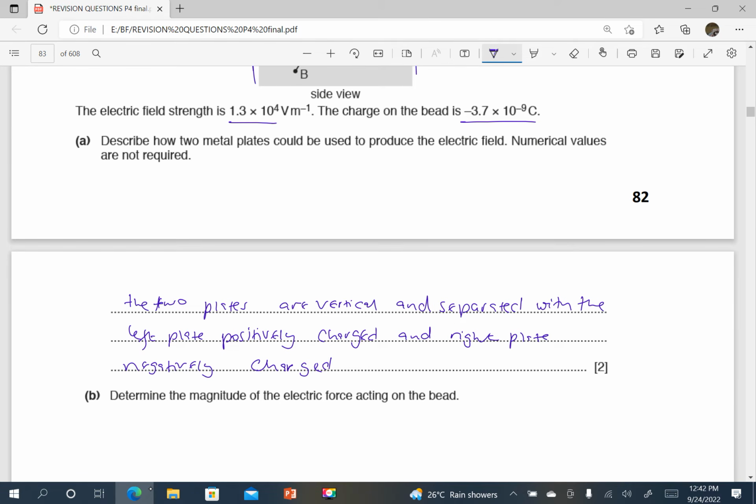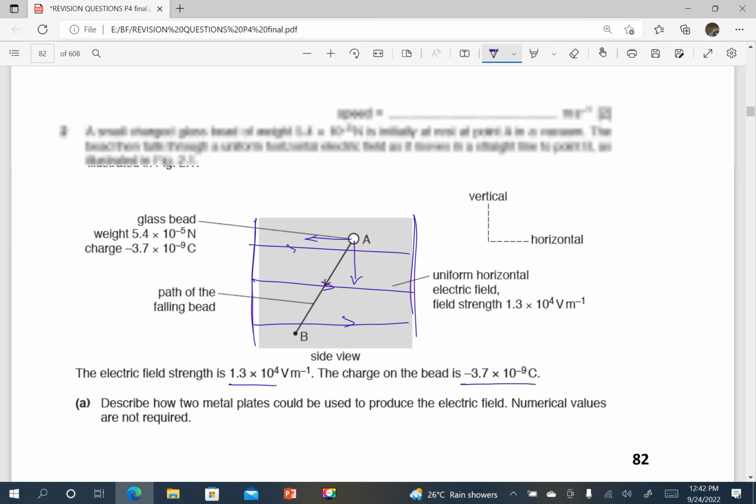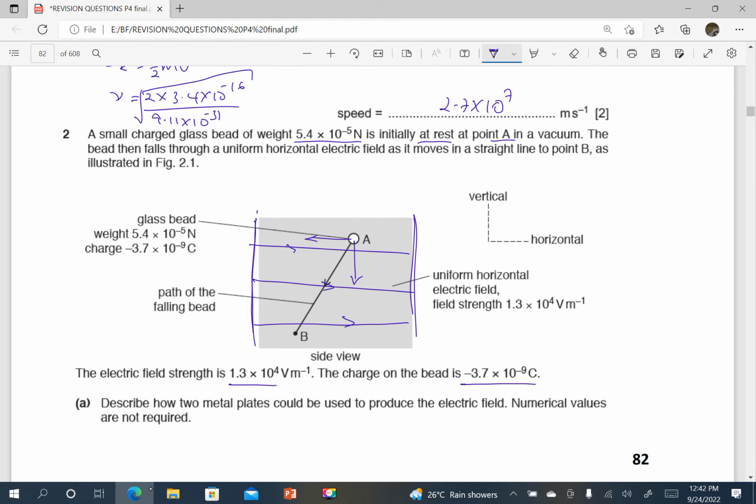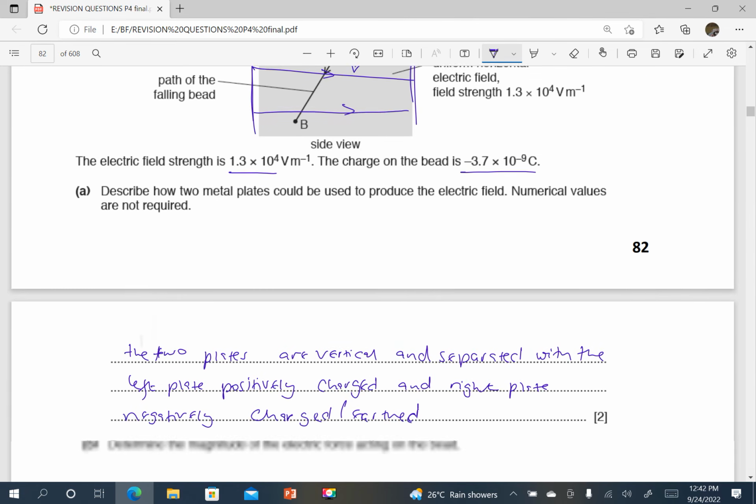The right plate can also be earthed. In other words, the plate on the right should be the one with the lower potential, the plate on the left should be high potential. This will be positive, the other one will be negative, so that if the field is in that direction, the negatively charged particle experiences a force towards high potential.